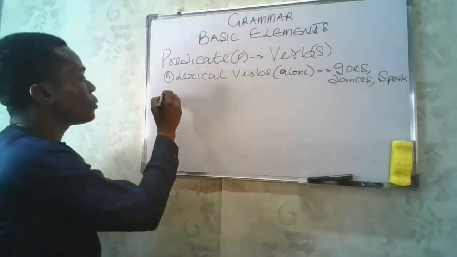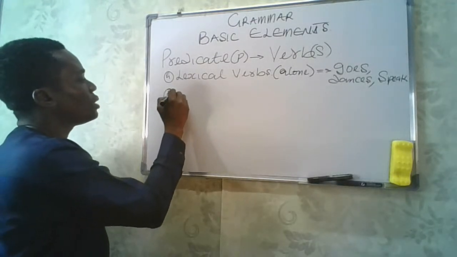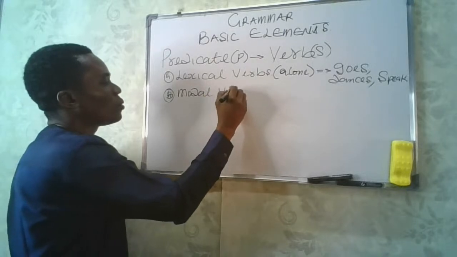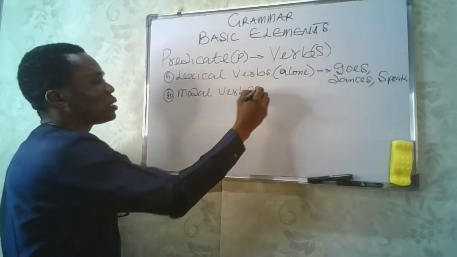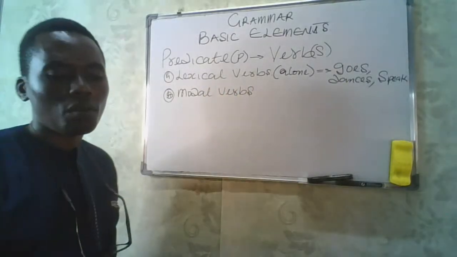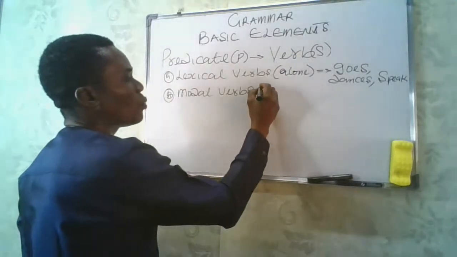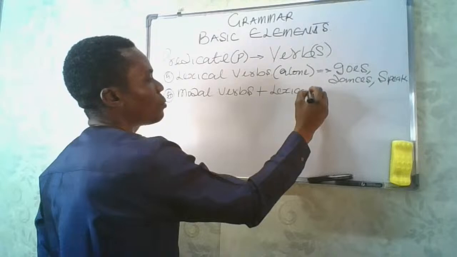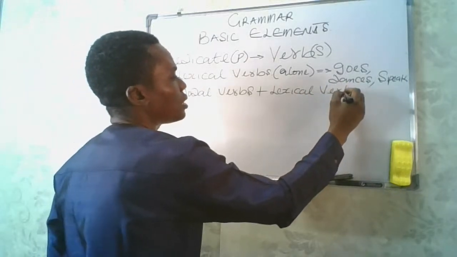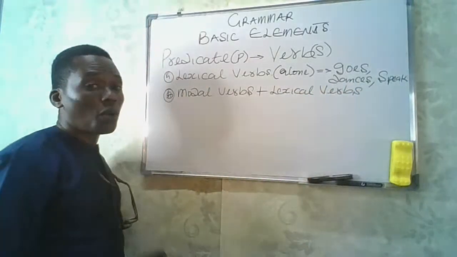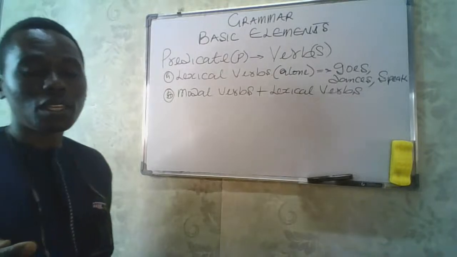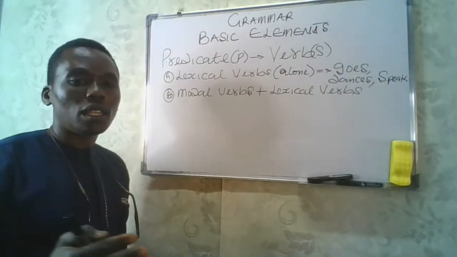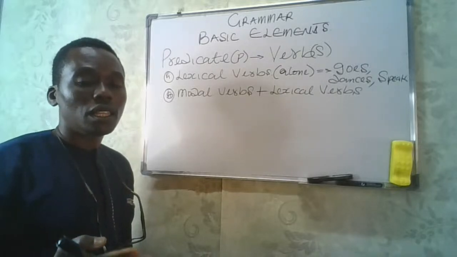Another type of verb we can easily talk about is the modal verb. Now, what do we mean by modal verbs? We can add the modal and the lexical verb in forming the predicate of a sentence. Now, we already know what lexical verbs are. Verbs like goes, speak, dances, they are what?